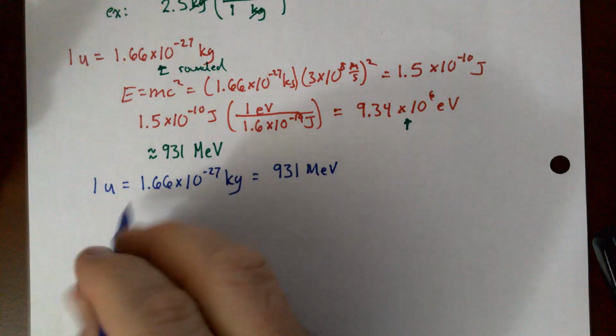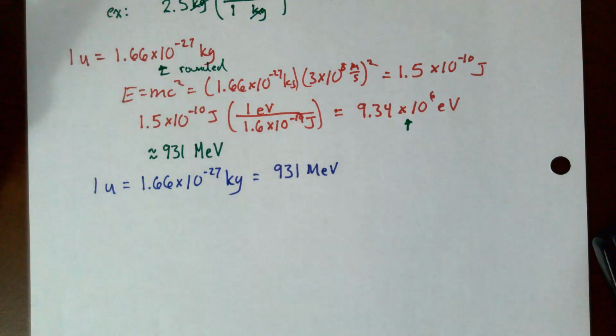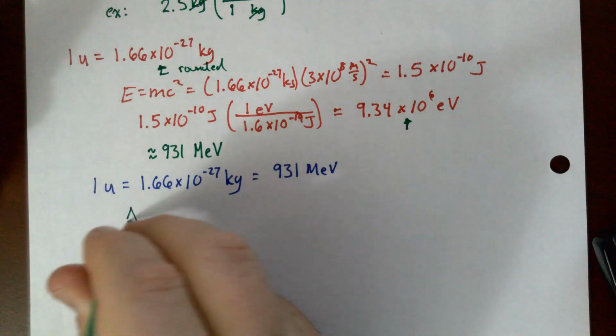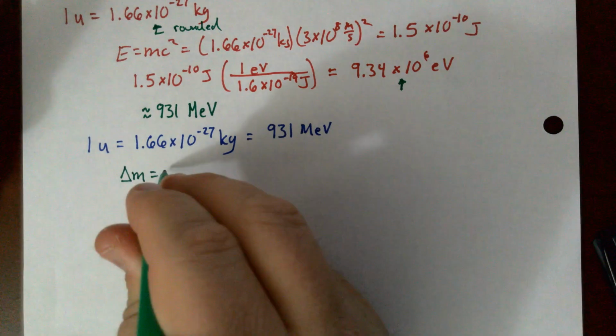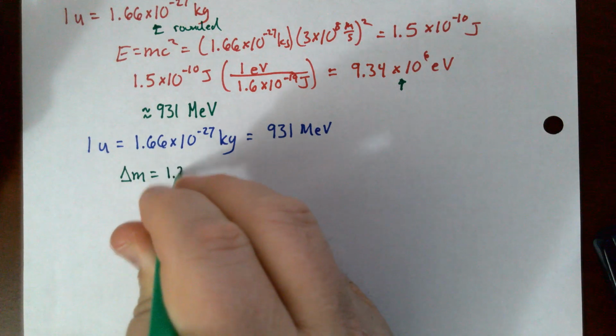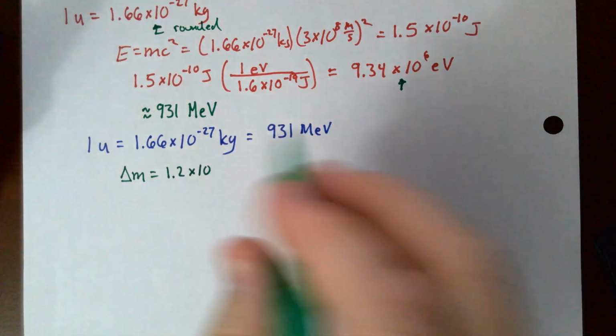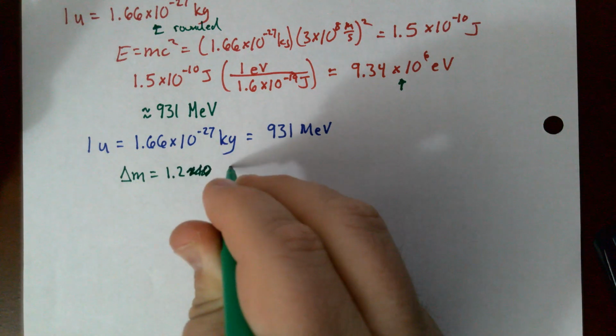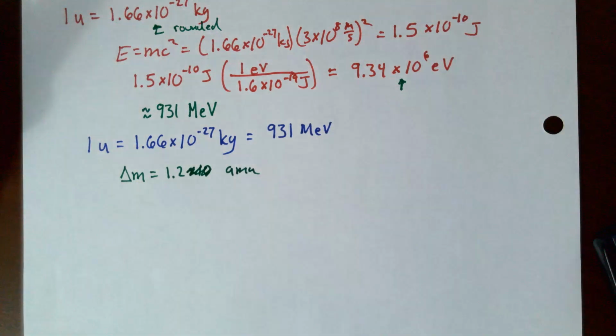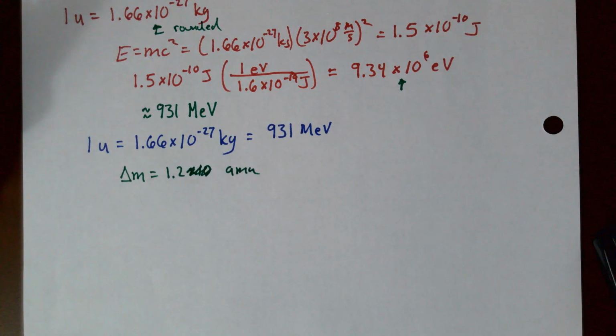So in a nuclear reaction, let's just suppose for a second that our delta M, our mass loss, was, let's just do 1.2 AMUs. Keep it simple, which is kind of a lot.